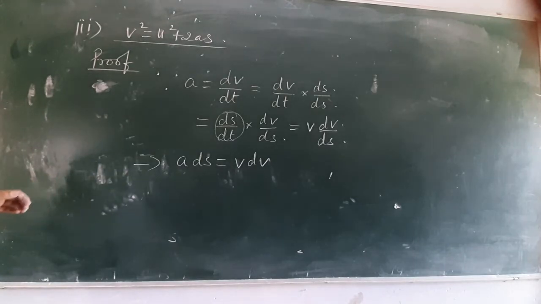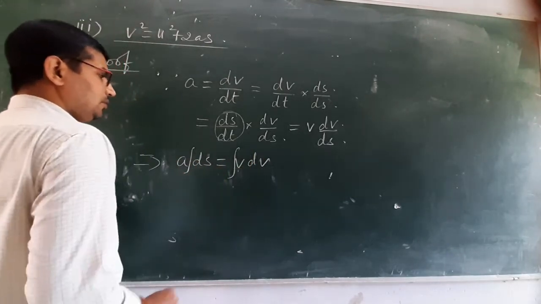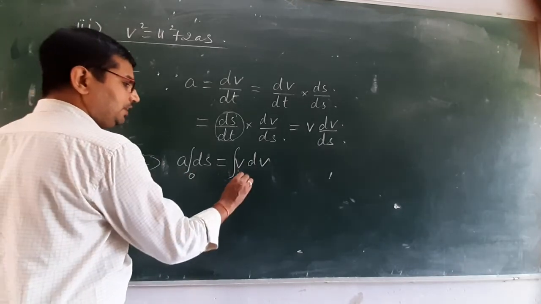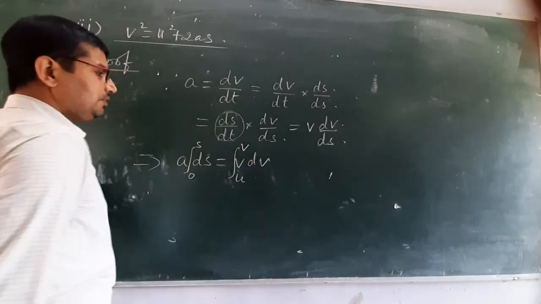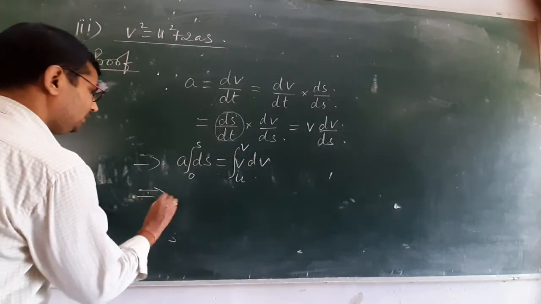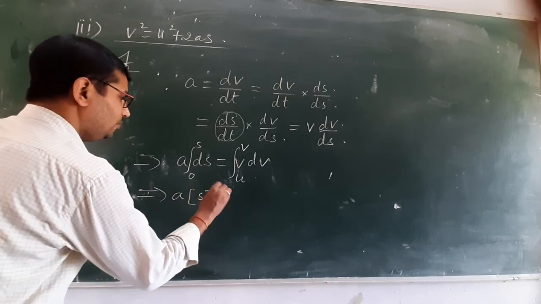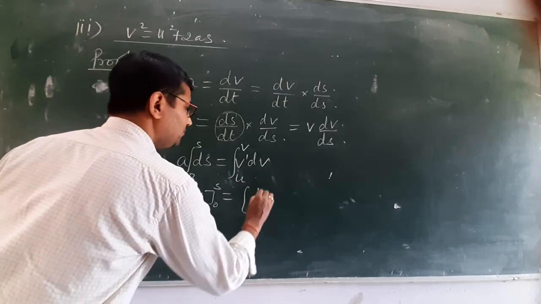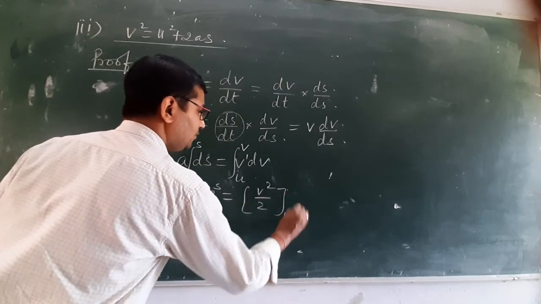Now integrating both sides with their proper limits. Initially the displacement was 0 when the initial velocity was u, and the displacement is s when the final velocity becomes v. So this is a integration of ds equal to a s, from 0 to s, and v to the power 1 means v to the power 1 plus 1 upon 1 plus 1, from u to v.